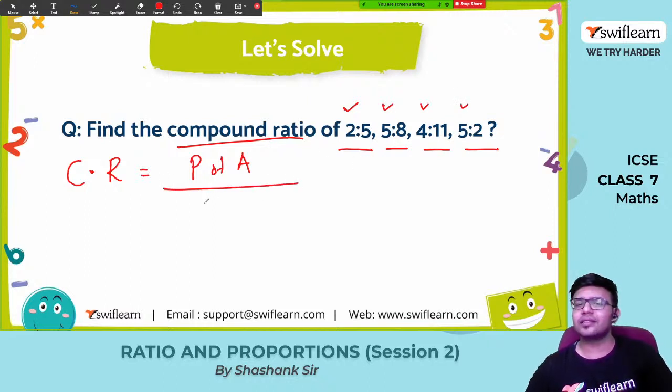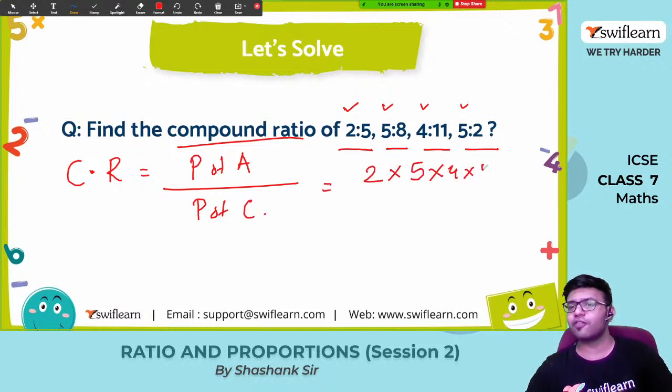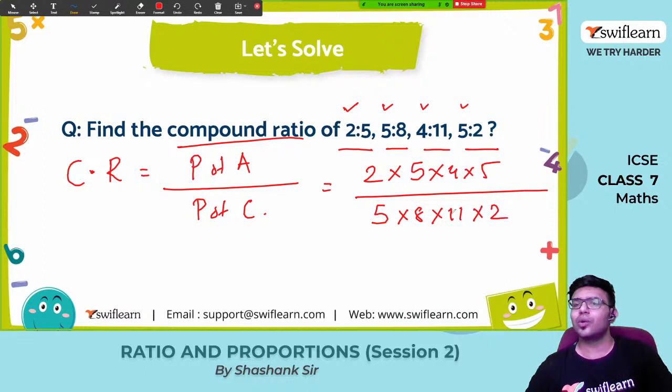Product of antecedents to product of consequents. The antecedents are 2, 5, 4, 5. And the consequents are 5, 8, 11 and 2. Can we simplify? Yes, of course we can simplify. 5 ones are 5, 5 ones are 5. Yes, I am cancelling this out. 4 ones are 4, 4 twos are 8, 2 ones are 2.